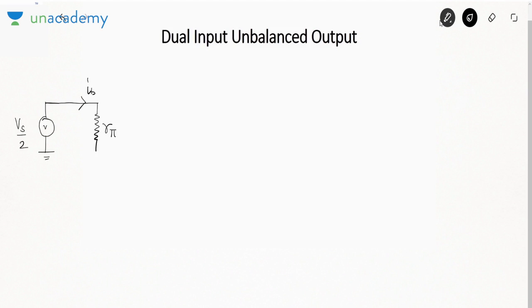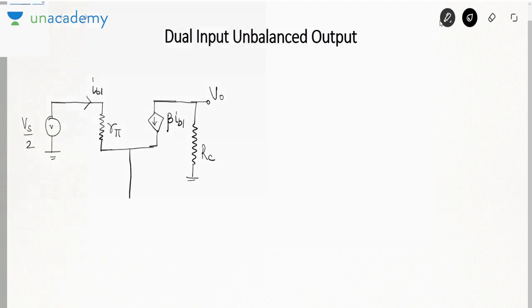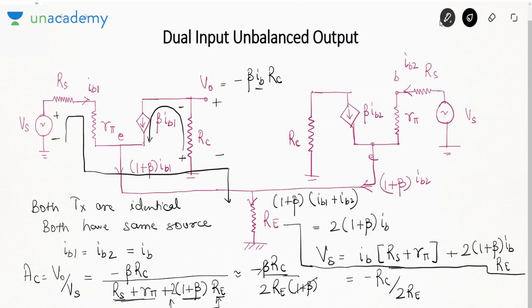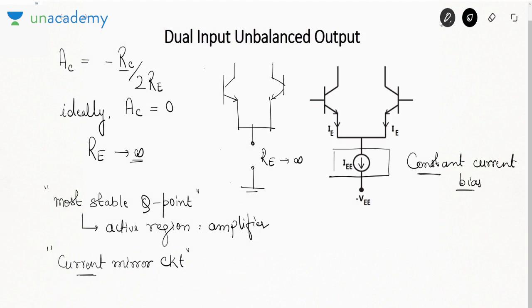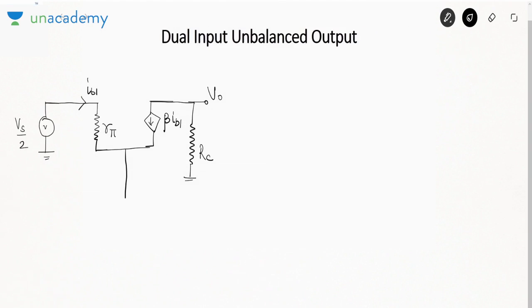This current would be IB1. Now this is the emitter terminal. Between collector and emitter, we will have a current source beta IB1. Then this collector was connected to a resistance RC. This was V0. I am drawing the exact same circuit that I drew earlier. Then we will start drawing from the right hand side.